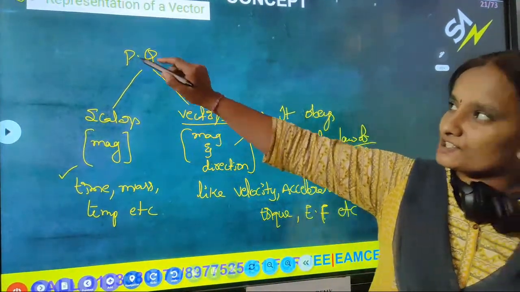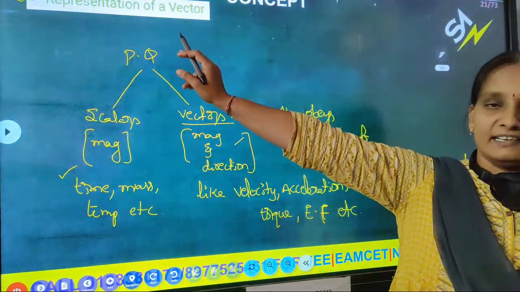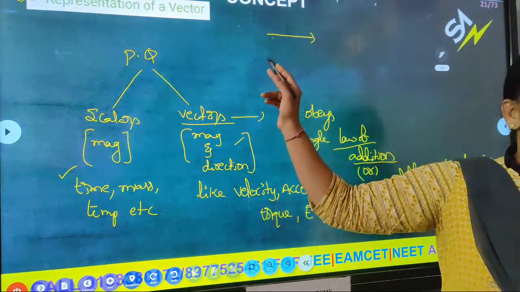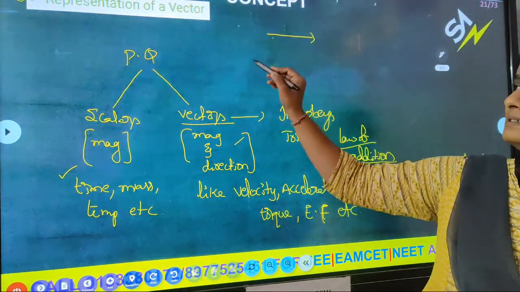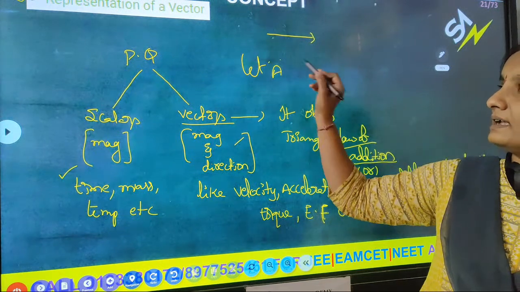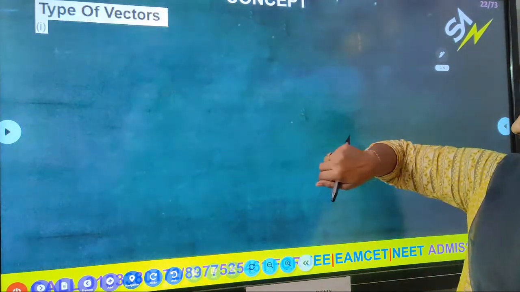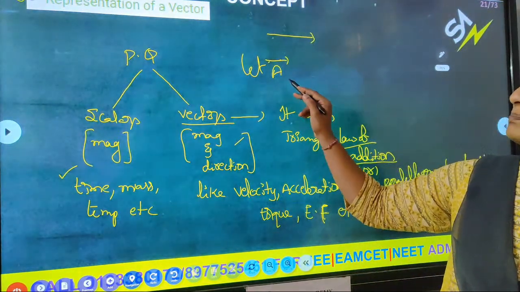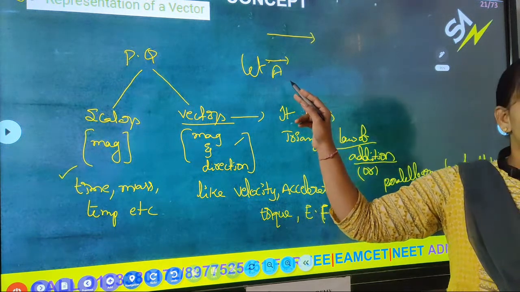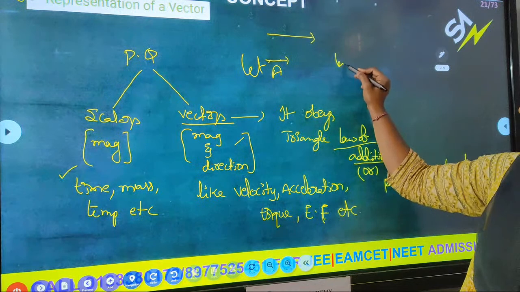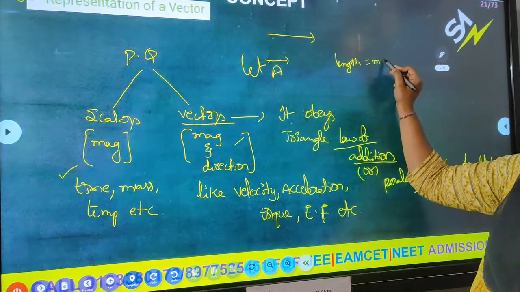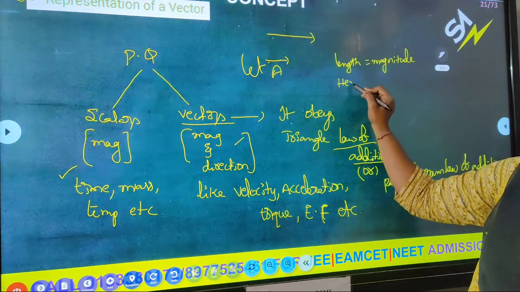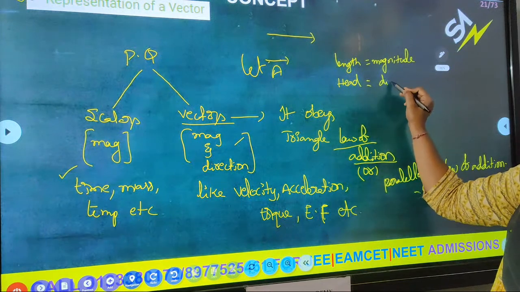So here our discussion is how to represent the vector quantity. An arrow over the head of the vector is the representation of a vector. Let A bar be the vector. For the representation, we keep the arrow over the head of this vector, and length of the arrow gives magnitude, and head of the arrow gives direction.